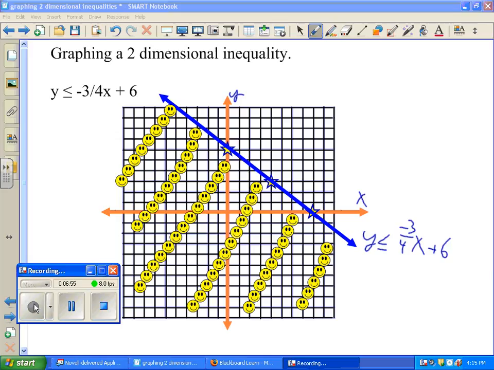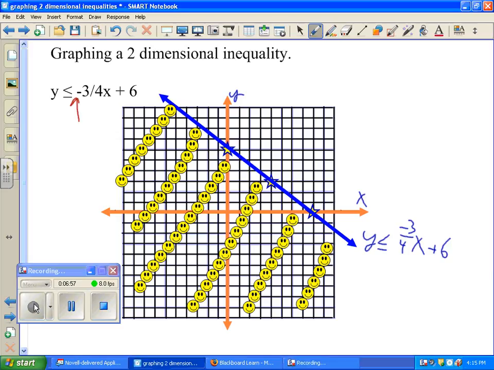And you'll notice that the slope is -3/4. So that means we start at 6, because the intercept was 6, and -3/4 means down 3, 4 to the right. Down 3, 4 to the right.